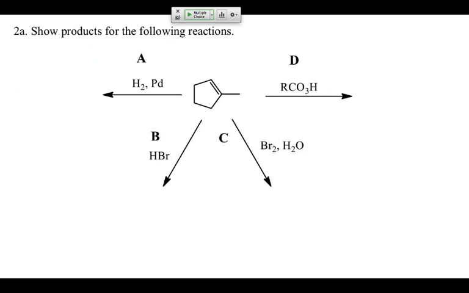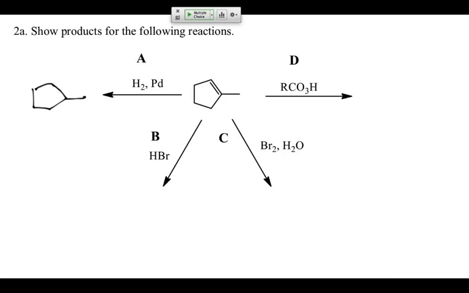Okay? So, here, what happens? Okay, A. What's going on with A? It's doing a hydrogenation. So we're going to write this product, hydrogenated, done. B, HBr addition.